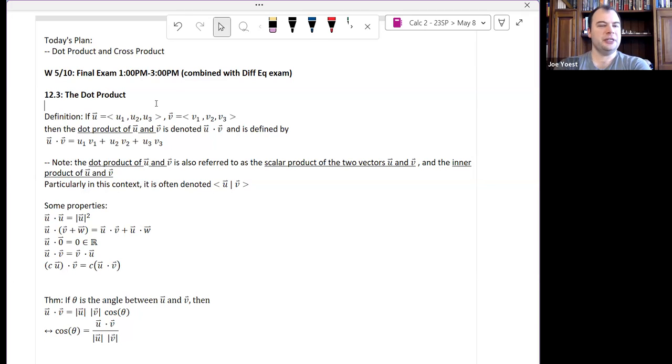Something that we avoided is the idea of what happens when we want to multiply a vector by another vector. If I multiply a vector by the number 3, that's kind of like adding the vector to itself 3 times, and we just stack the initial point and terminal point.